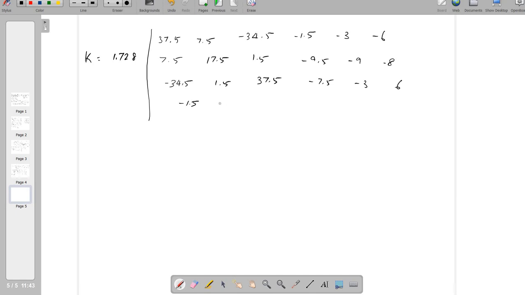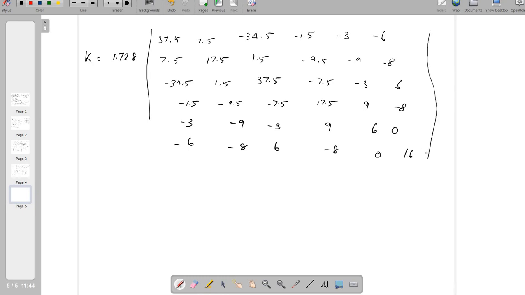Fourth row: minus 1.5, minus 9.5, minus 7.5 plus 17.5, 9, minus 8. Then minus 3, minus 9, minus 3, 9, 6, 0. For the last two, there is no manipulation, so the summation is minus 6, minus 8, 6, minus 8, 0, 16.